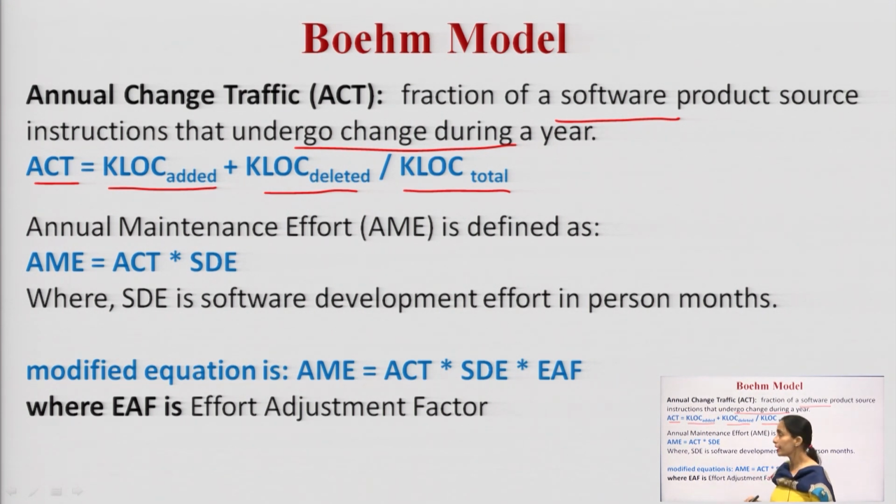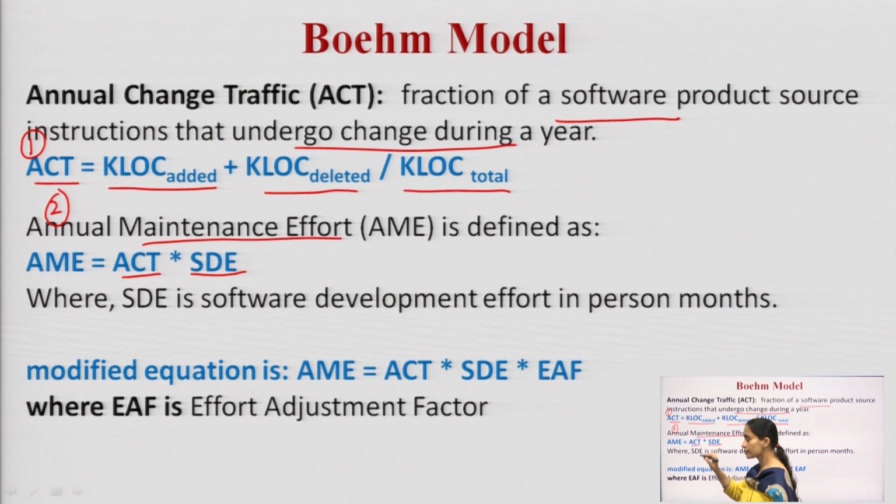Then I calculate the second thing, that is AME, which stands for annual maintenance effort. This annual maintenance effort is calculated as the product of ACT, annual change traffic, and SDE, the software development effort. This AME comes in person months.